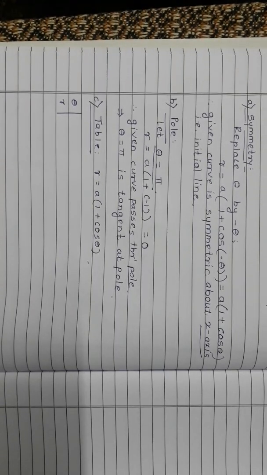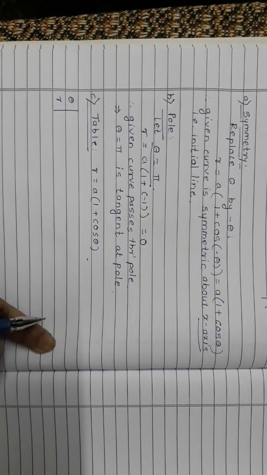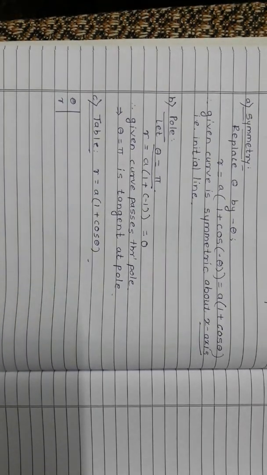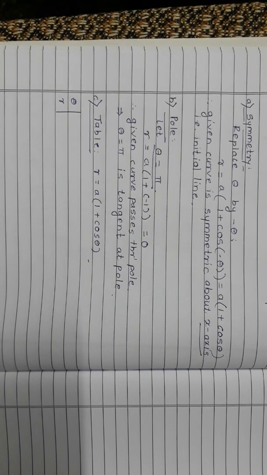Okay, so note that here I'm going to keep the table up to pi only, because it is symmetric about the initial line. So if we are able to draw up to pi, then the same part you can repeat below the initial line, right? So we are going to take values of theta only up to pi, and we can repeat it from pi to 2 pi.